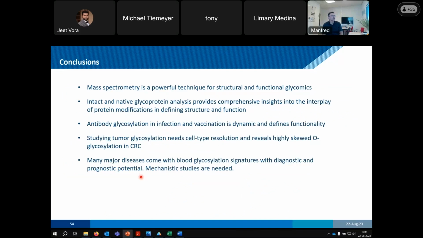Now, a few conclusions. So mass spec is powerful for glycomics, both structural and functional glycomics. And what I like about the intact or native glycoprotein analysis is that it's comprehensive. So you get an insight into different proteoforms, glycoforms, and how they interact in changing protein structure and function.